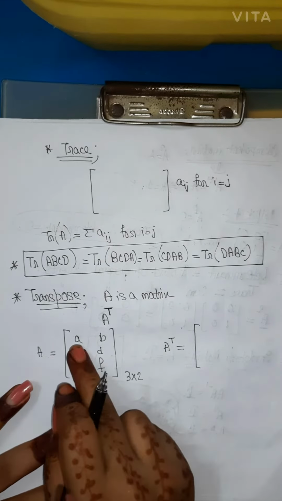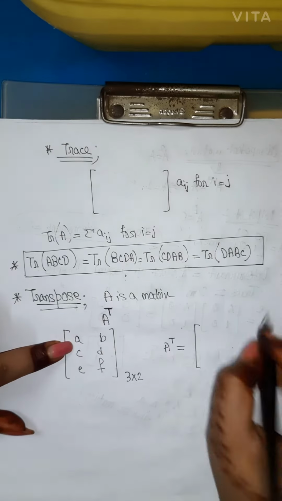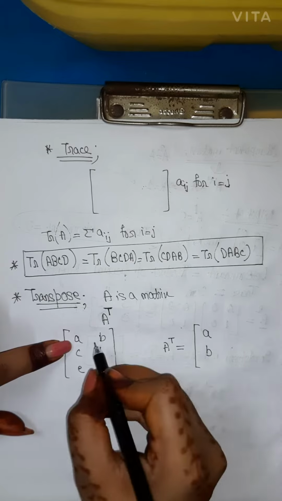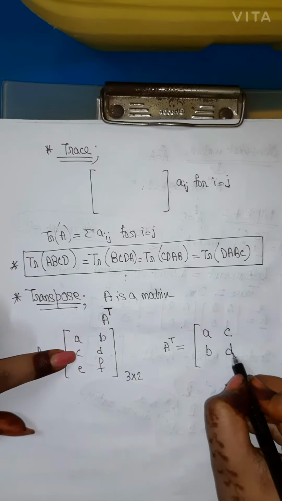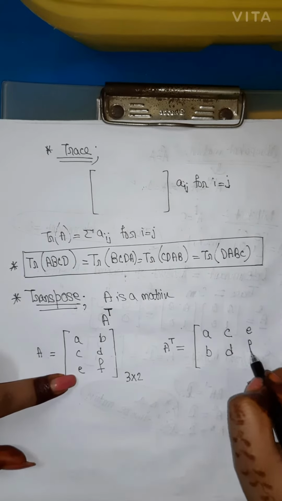So the first row becomes the first column, that is A, B, the second row becomes the second column, C and D, and the third row becomes the third column, that is E and F.